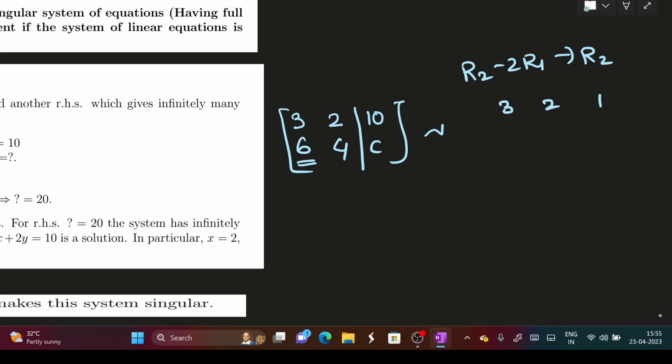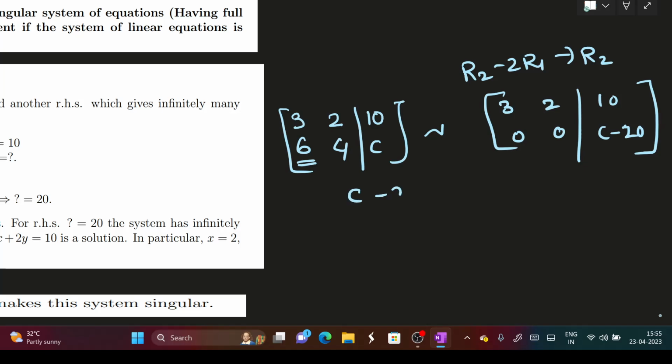How much I will get? 3, 2, 10, 0, 0, C minus 20. Now, this system of equations is having no solution when C minus 20 is non-zero.